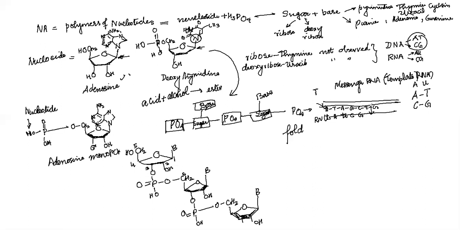So for thymine, it is A, adenine. For guanine, it is C. So this is the structure of the complementary RNA to this DNA, right? So this is how you write the structure of RNA.